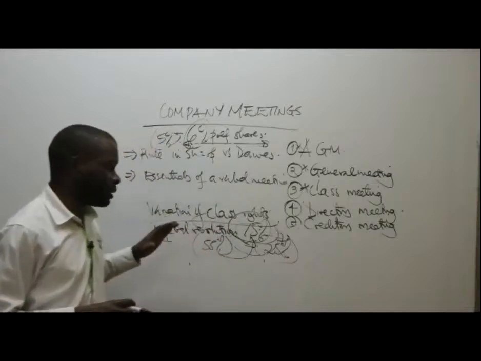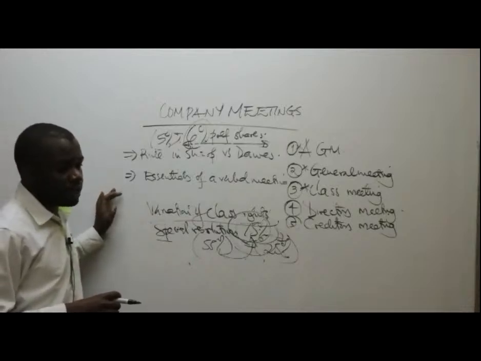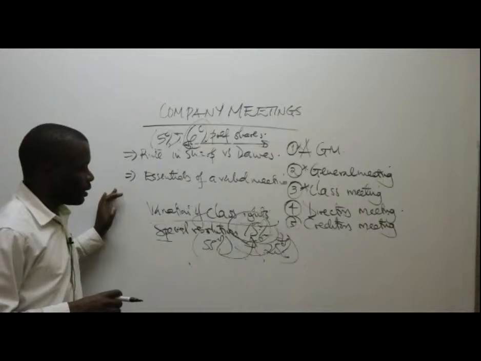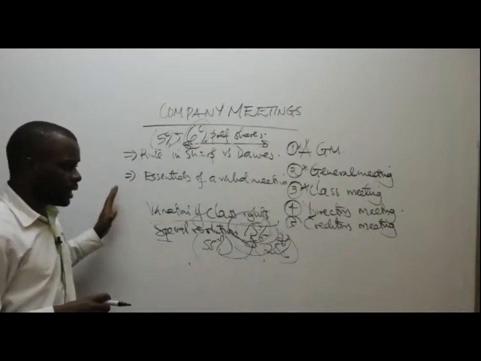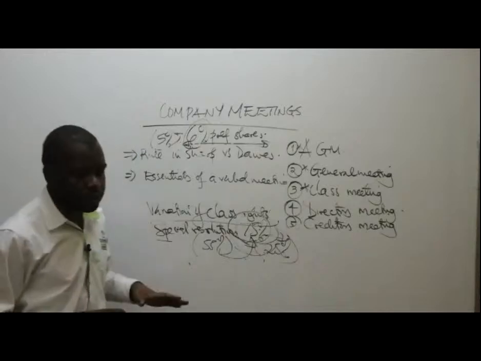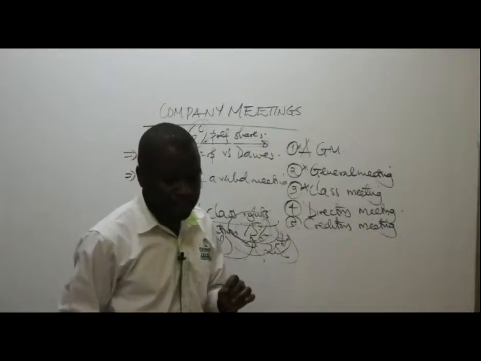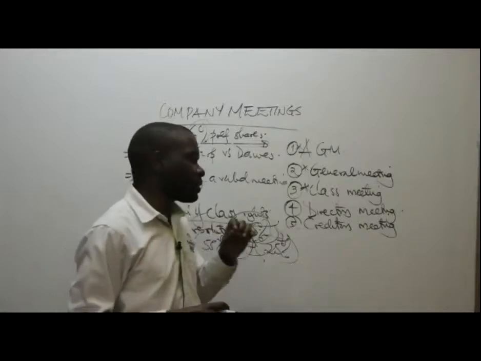So hope you've gotten it very clearly, because they could test in the exam, what is the procedure of variation of class rights? The teacher has said that before the company varies the rights of a class of shares, they have to consult the members in that class of shares. The members in that class of shares will convene a class meeting.